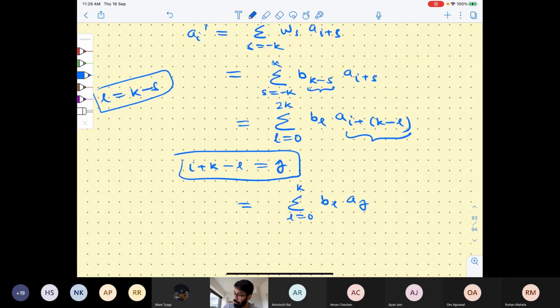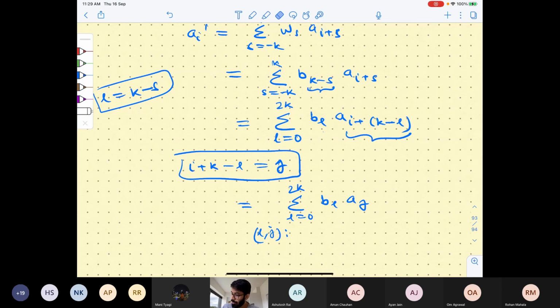J is such that L and J are such that, and so now it is going also L from 0 to 2k, J is less than whatever the dimension of N is.